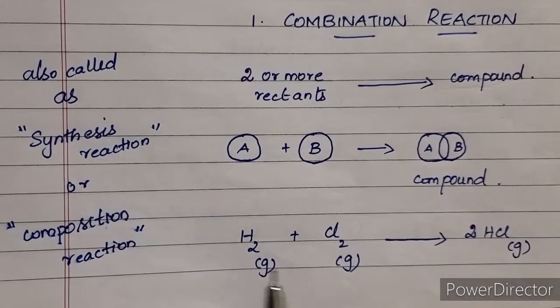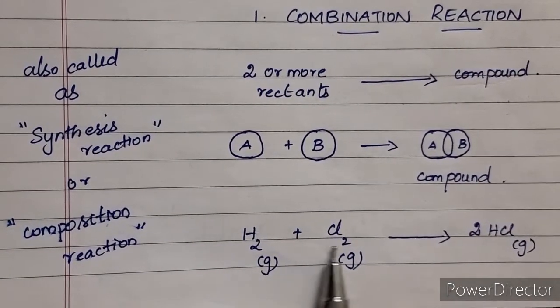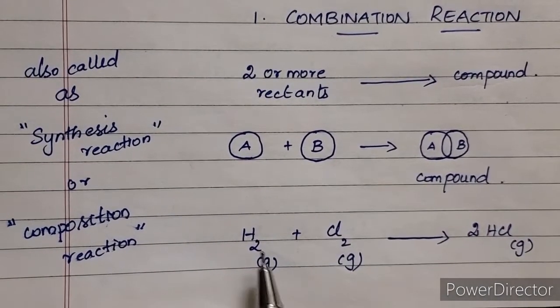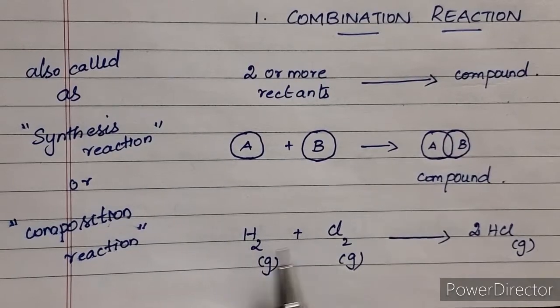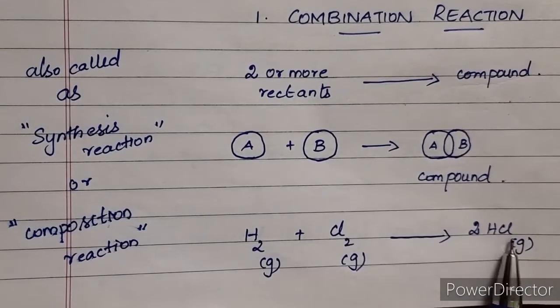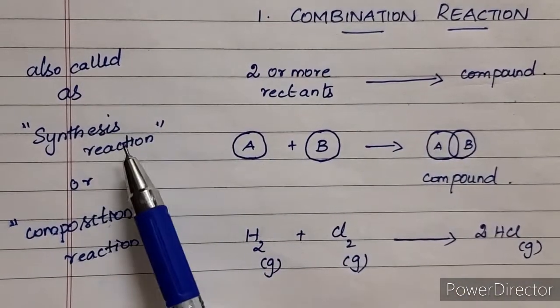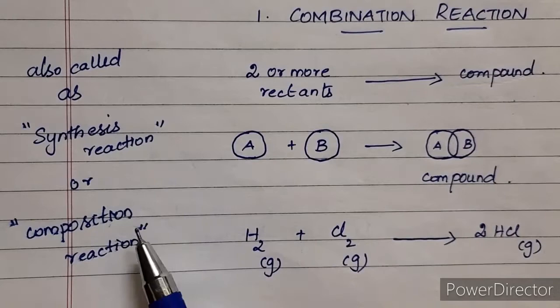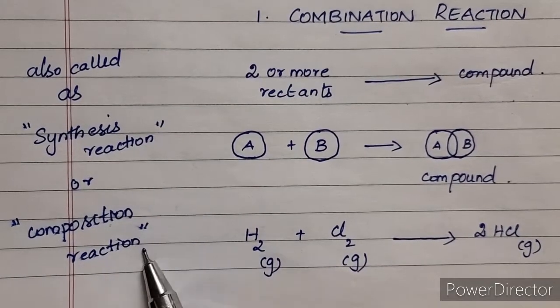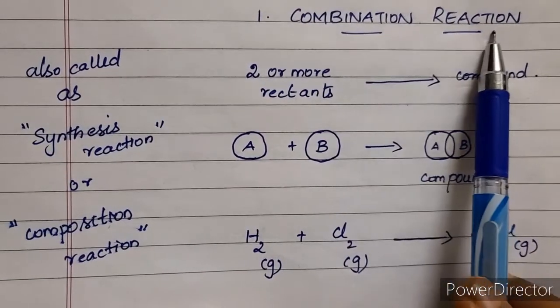So H2 plus Cl2 gives 2HCl. So this is the combination reaction. Here two reactants combine together to form the compound, a single compound. Now this combination reaction is also called synthesis reaction or composition reaction. So these are the other names for the combination reaction.